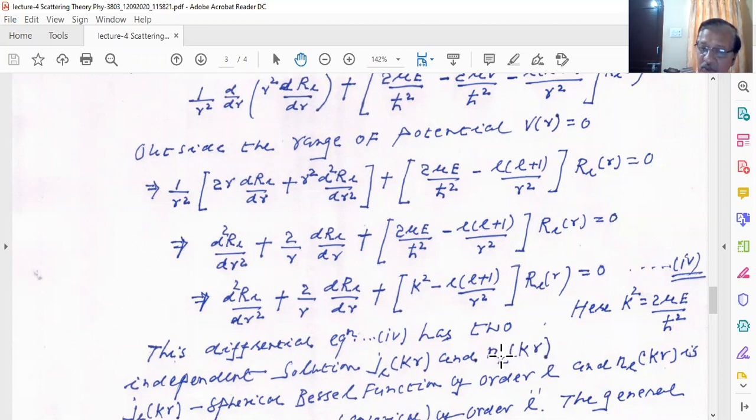So there is another solution, RL of r equal to some constant into NL of KR.